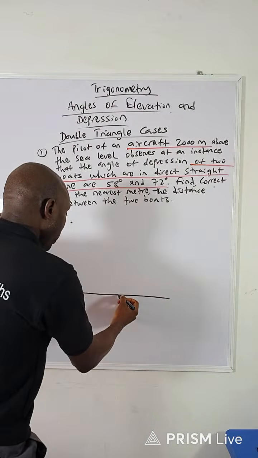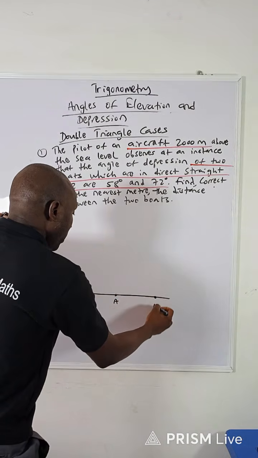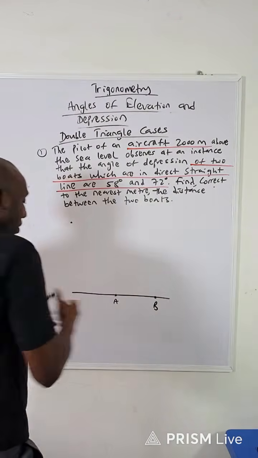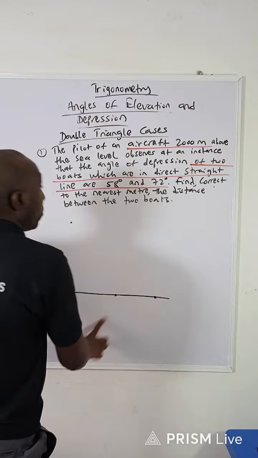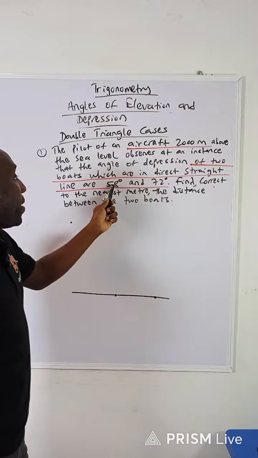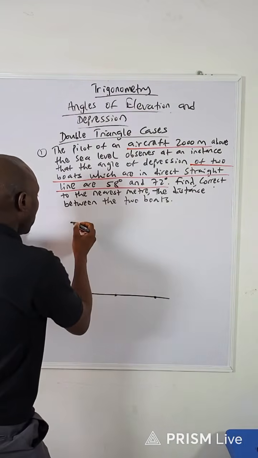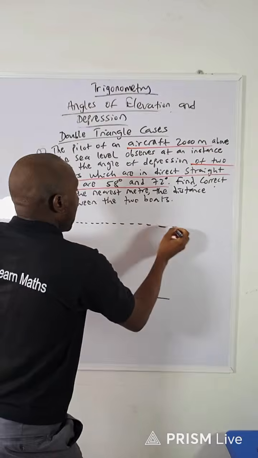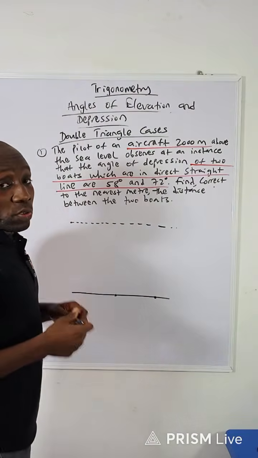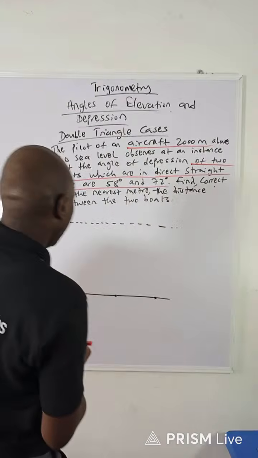One boat is here, I can say boat A, and this is boat B. We are given two angles of depression, 58 degrees and 72 degrees. First of all, let me draw the horizontal and then write out the two angles of depression.